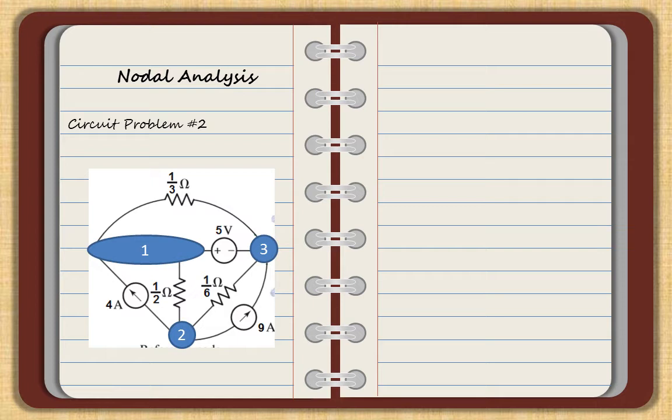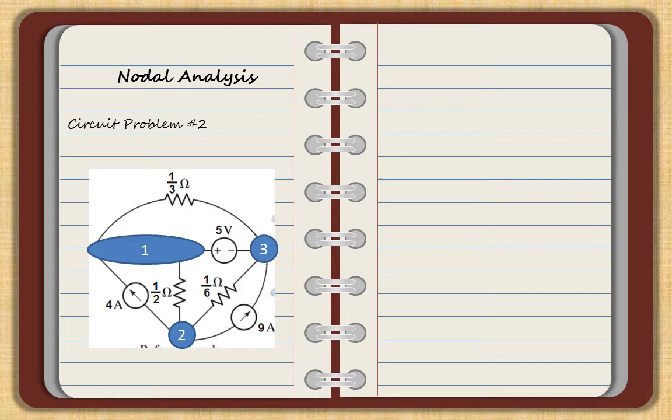On the first node, it is the common point of the 1/3 ohm resistor, the 5 volt voltage source, and the 4 amp current source. While node 2 is the common point of the two resistors, namely the 1/2 and 1/6 ohm resistors, and the two current sources, which are the 4 amp and 9 amp current sources.